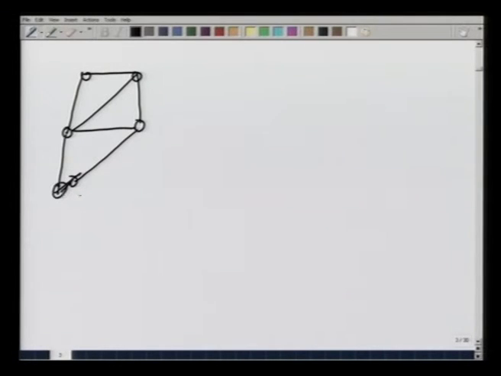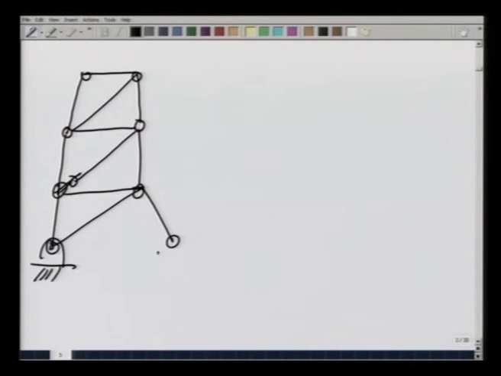Sorry, this is up to this point, this is vertical, this is again, now this is A, B, C, D, E, F, G, H. Apparently an indeterminate problem, but let us see if we can solve for forces in different members.